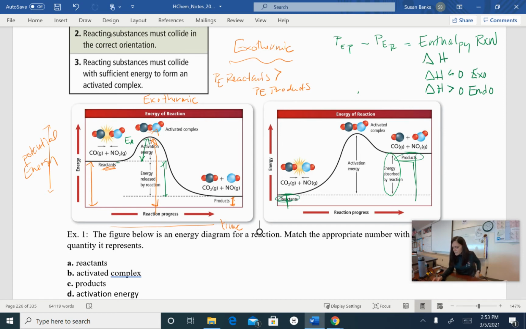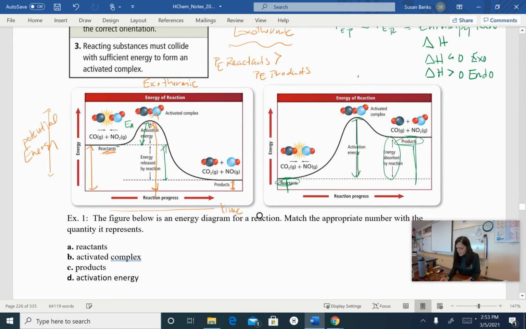So if our delta H is positive, it's an endothermic reaction. Okay? The other thing, look at how much bigger our activation energy is on that. We had to put in a lot of energy even to get that reaction to go forward. Our activated complex, though, is still at the same level.